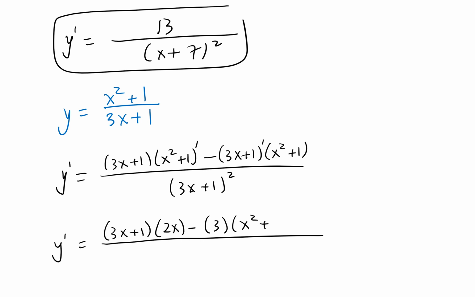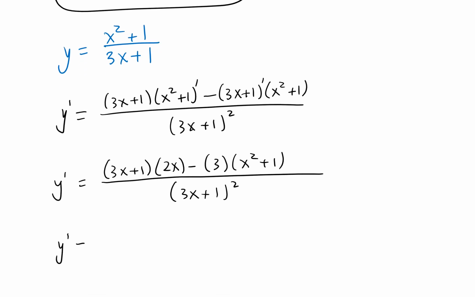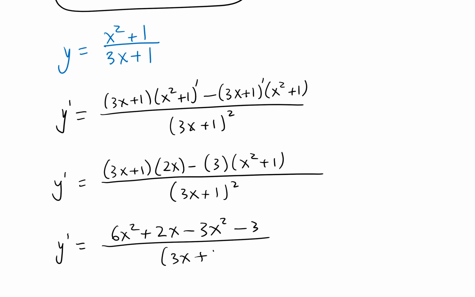This stays the same, the denominator is always squared. y prime equals 6x squared plus 2x minus 3x squared minus 3, over (3x plus 1) squared. That gives us 3x squared plus 2x minus 3. Keep the denominator the same.